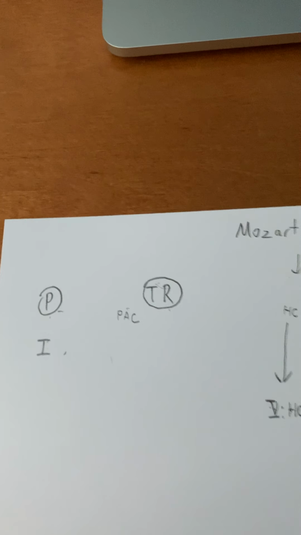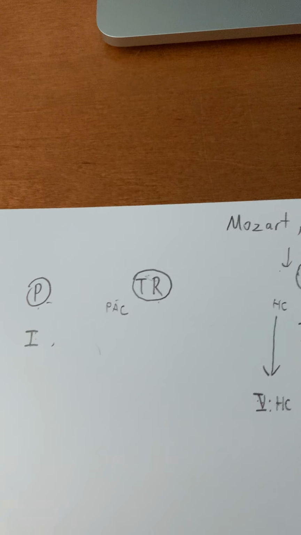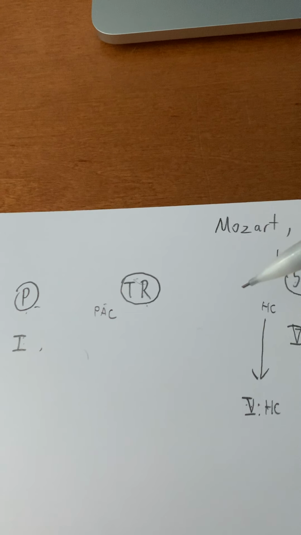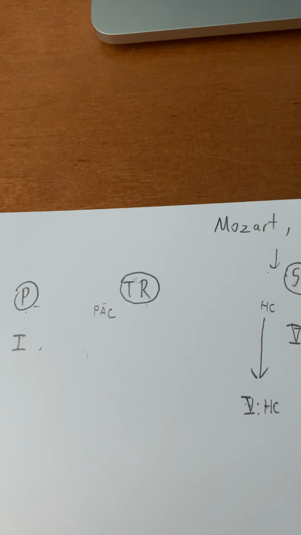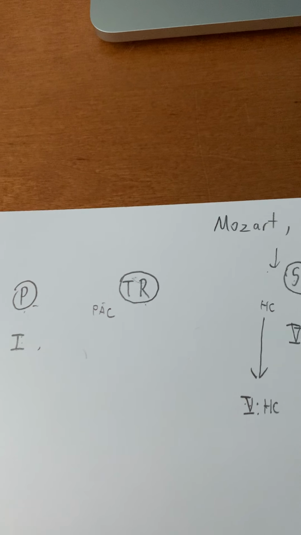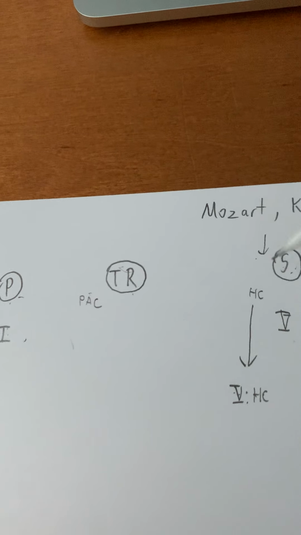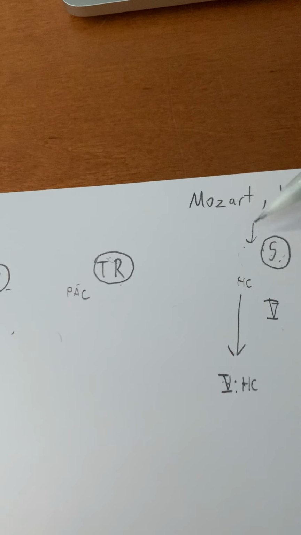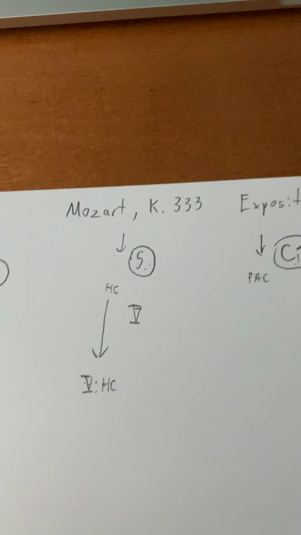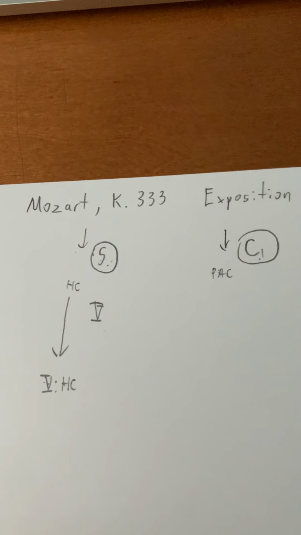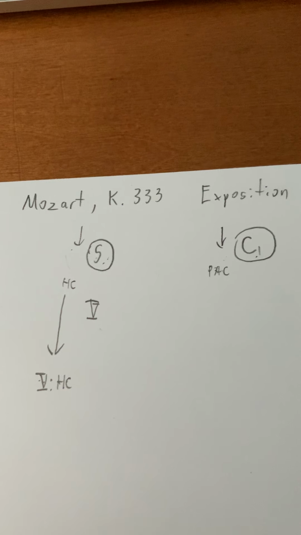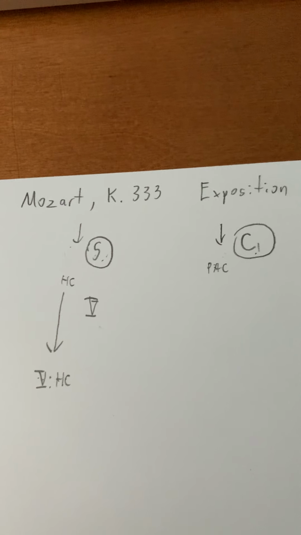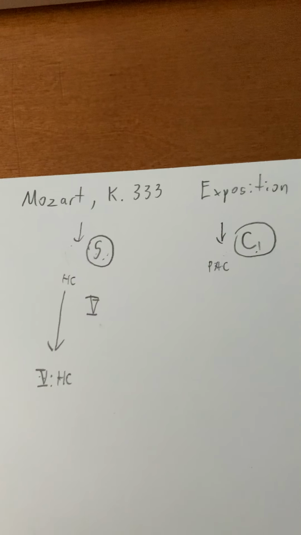Transition. We'll land on this half cadence soon. Medial caesura, and then S starts up. Okay, we're looking for the PAC that moves on to a new theme.